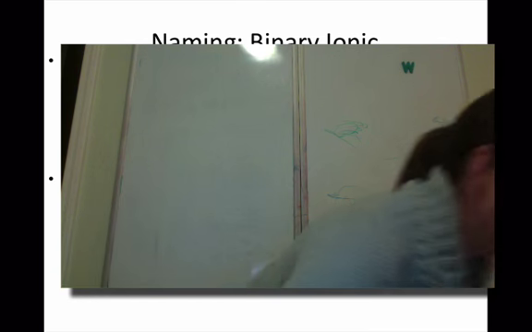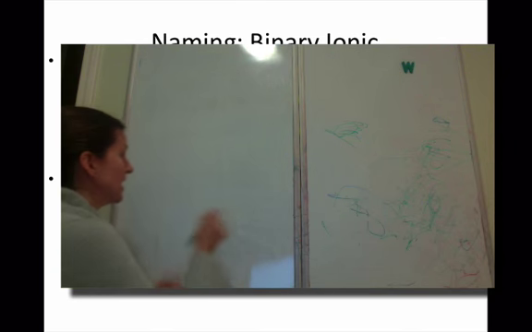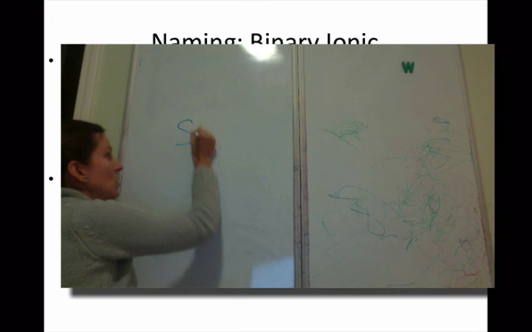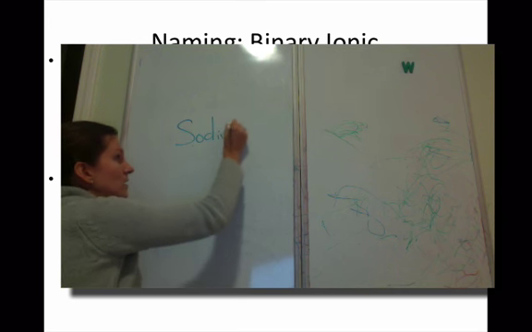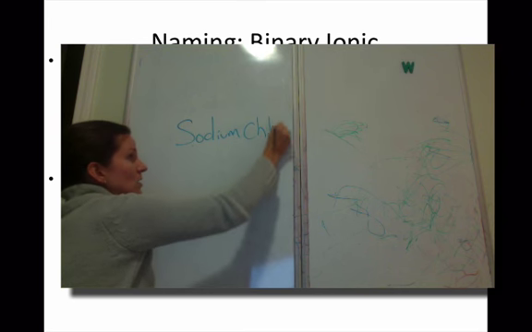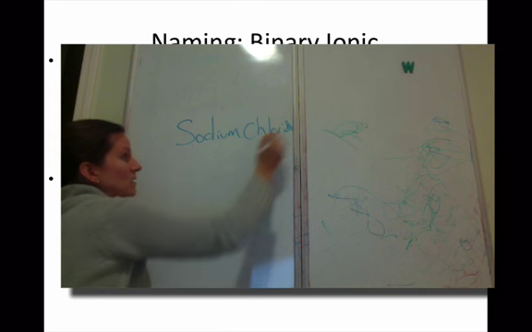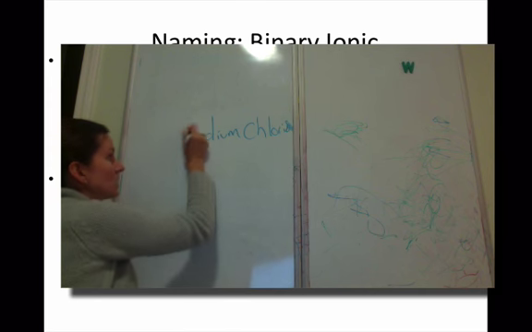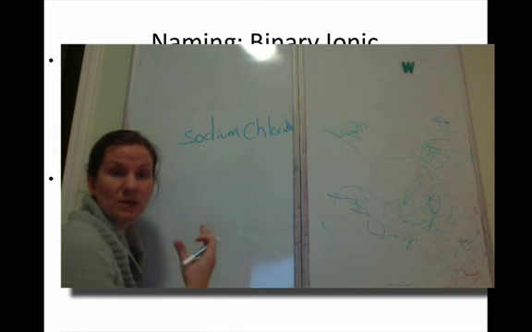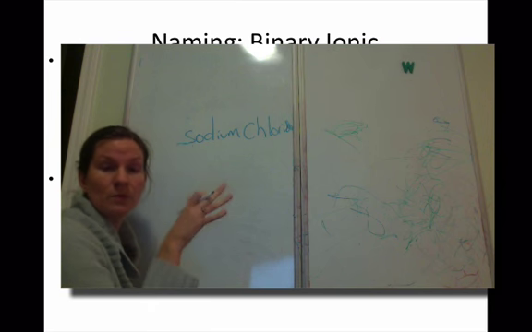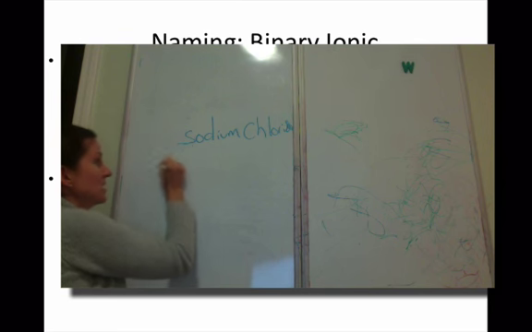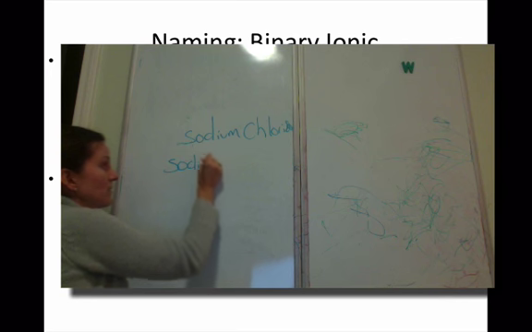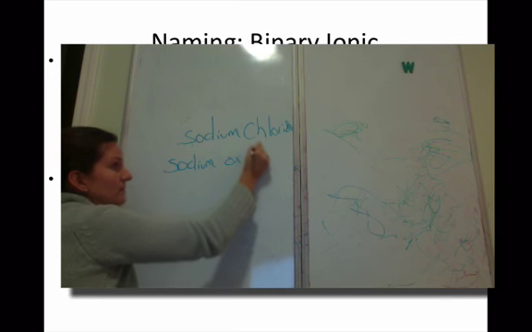If you had sodium with chlorine, it would be sodium chloride. If it was going to be sodium with oxygen, that would be sodium oxide.